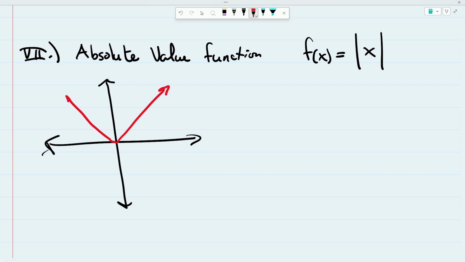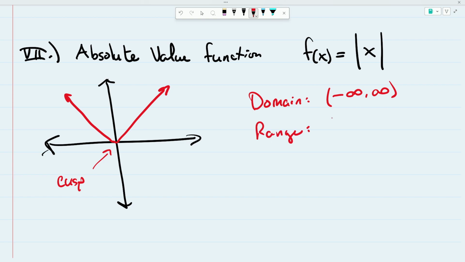It's like this letter V. In fact, at the origin, we call that a cusp. If you take Calc 1, you'll learn about that later. But our domain is going to be negative infinity to infinity. And our range is going to be 0 inclusively to infinity.